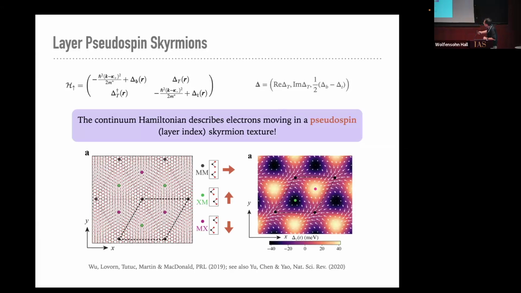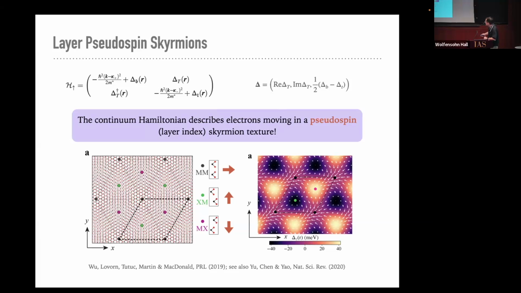Right? So as we mentioned earlier, this is the MX, this is the XM point, and due to symmetry, this layer pseudospin can only point out of plane. So in this figure, the color means the z component, and these little arrows mean the winding of the in-plane component.